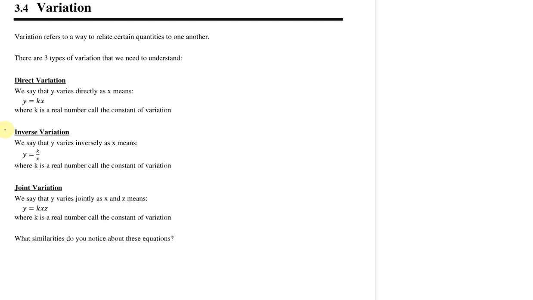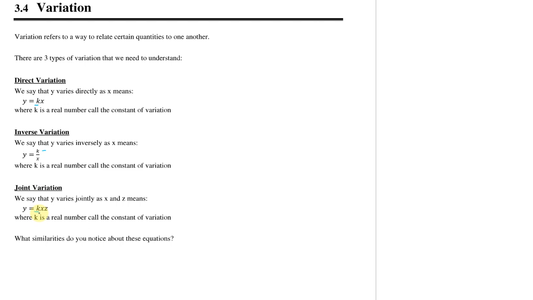So let's try to create some intuition with this. The key to variation is actually in understanding these definitions. So I'm going to spend a moment talking to you about this. I want you to look at where the k's are in all of these. So my k is here, here, and here.